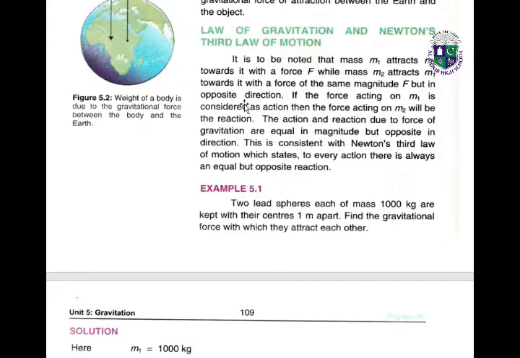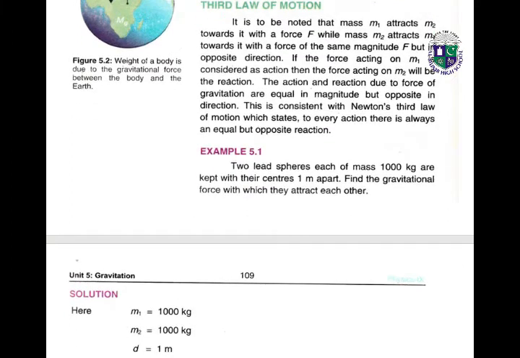So this is the similarity, because the action and reaction due to the force of gravitation are equal in magnitude but opposite in direction, which is a statement of Newton's third law of motion. What is the statement of Newton's third law of motion, students? We have studied in unit number 3 that for every action there is always an equal but opposite reaction. Next we have example 5.1.